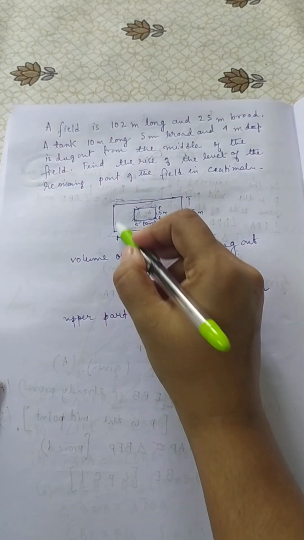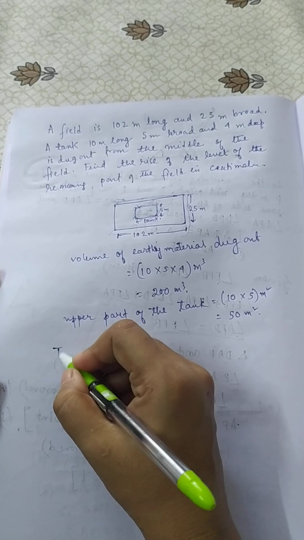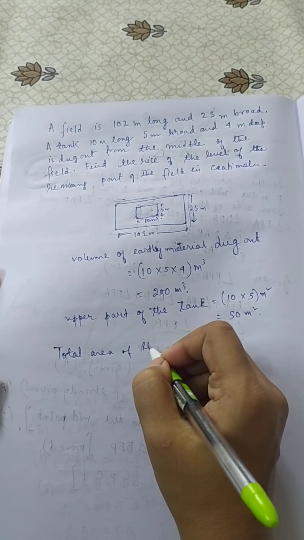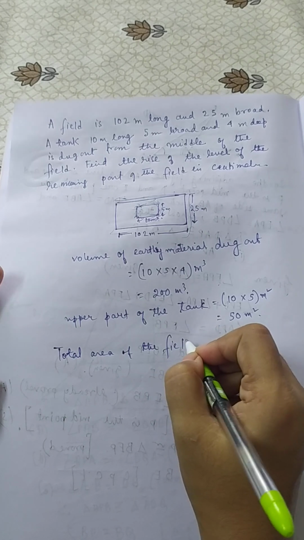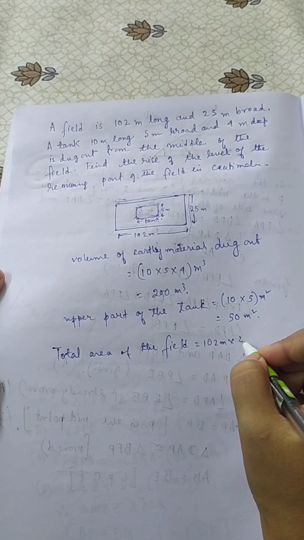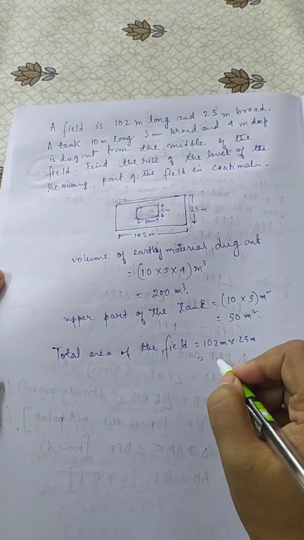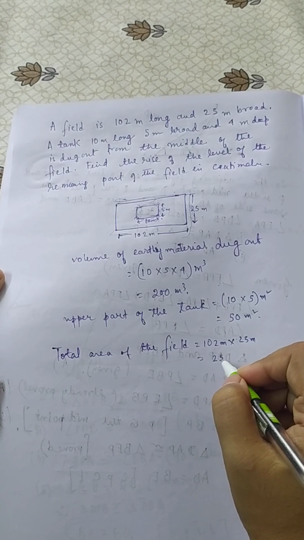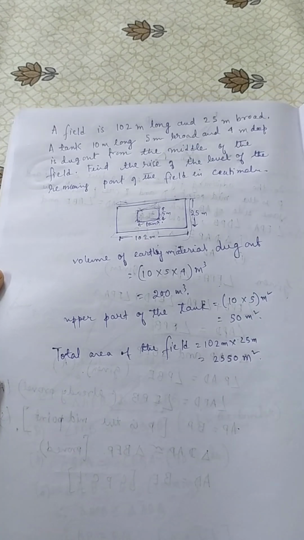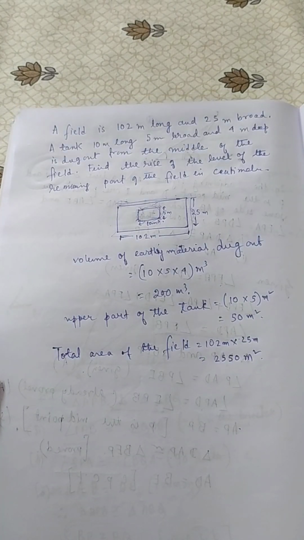And the total area of the field is 102 meter into 25 meter, that is 2550 meter square area, right?